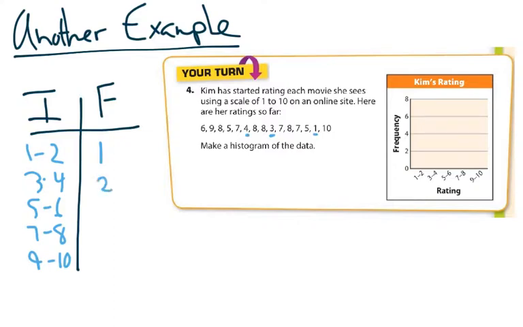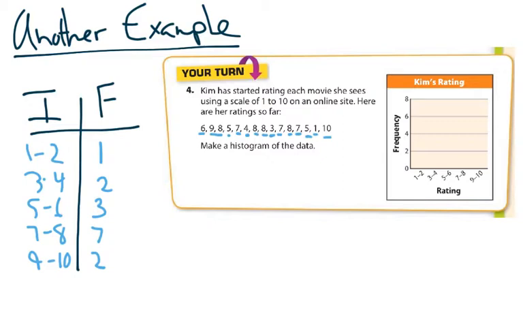Okay, so 2. 5 to 6, 1, 2, 3 of those. 7 to 8, 1, 2, 3, 4, 5, 6, 7. All right, good. And then 9 to 10, 1, 2. So 2.